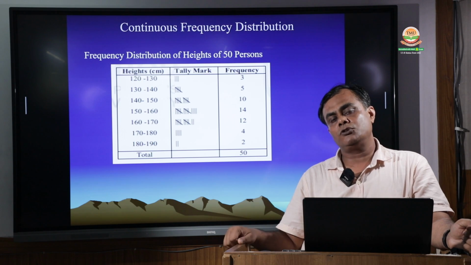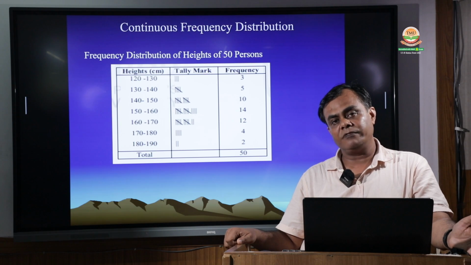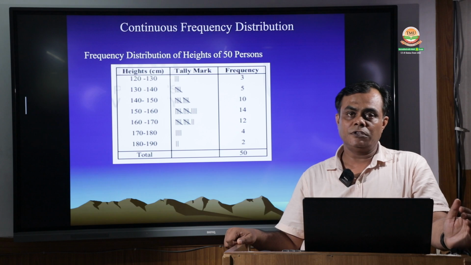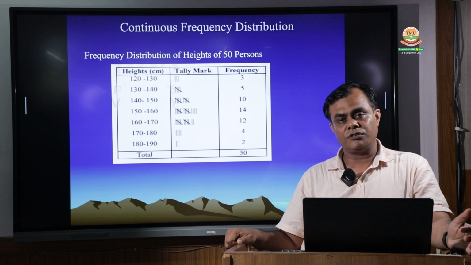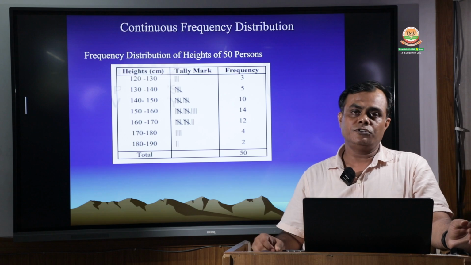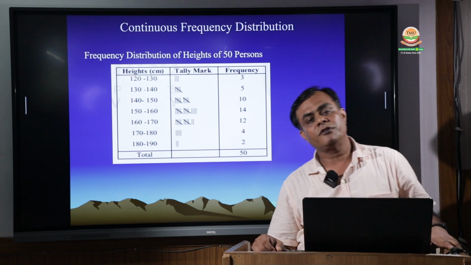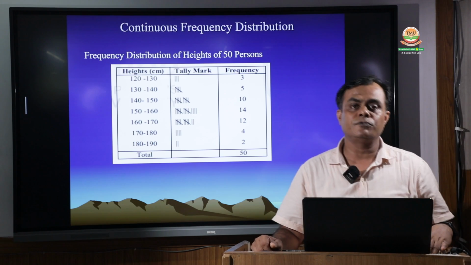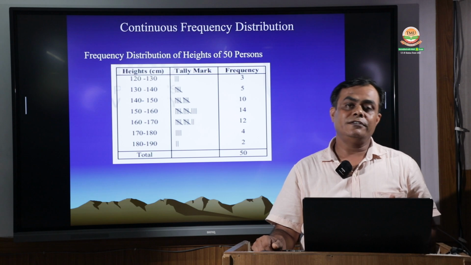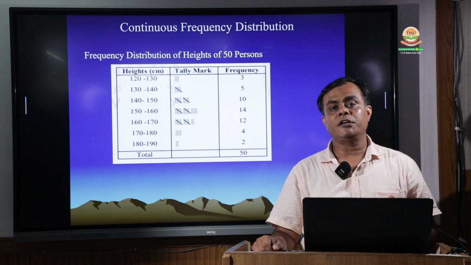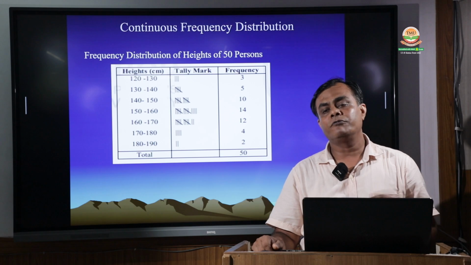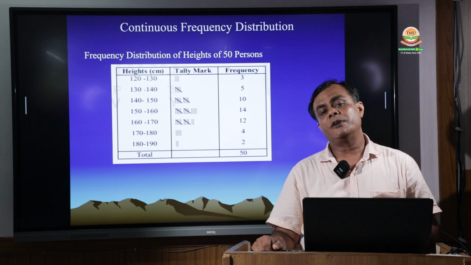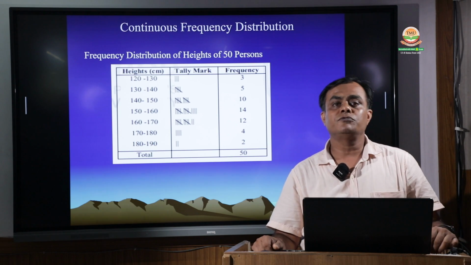But when there is no option of using fractional or decimal values, then that type of distribution is known as a discrete frequency distribution. So this is the difference between continuous and discrete frequency distribution. In a discrete frequency distribution, we cannot put fractional or decimal values, but in a continuous frequency distribution we can.